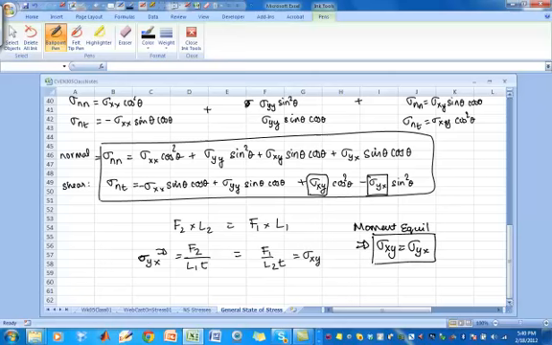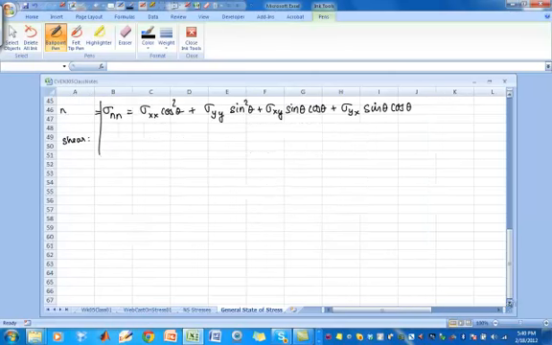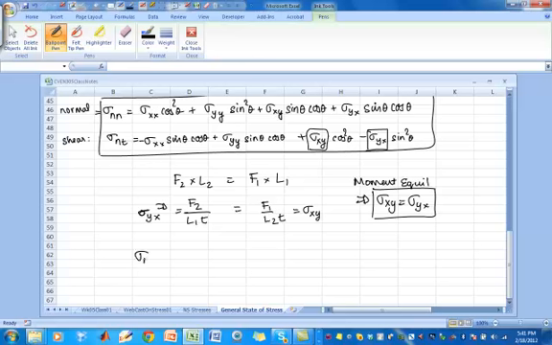That means we can further simplify our stress expressions. Sigma nn, the normal stress, equals sigma xx cos squared theta plus sigma yy sin squared theta plus, instead of having sigma xy and sigma yx, I can write 2 sigma xy sin theta cos theta.